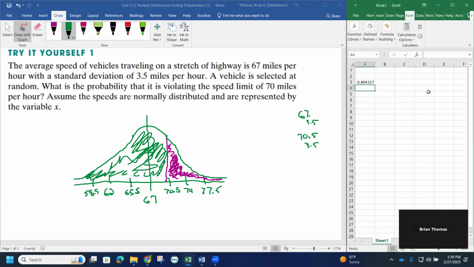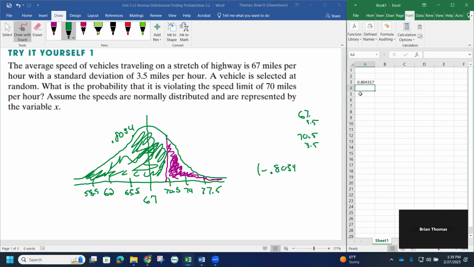If I hit enter, it'll give me the probability, 0.8043. That's going to be the probability of going under 70 miles per hour. So what I really need is 1 minus that. Notice how this is the less than.